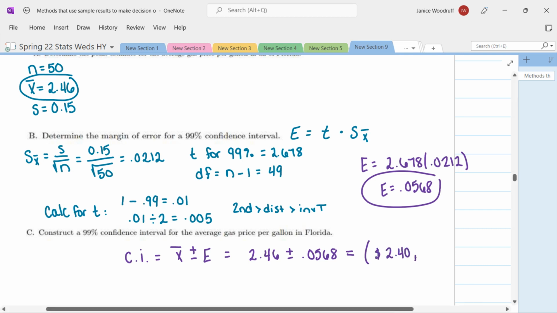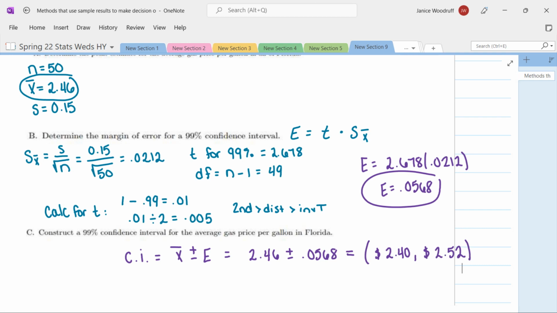Oh, that would be great right now, huh? 246 plus 0.0568, $2.52. So really, the whole steps are the same.